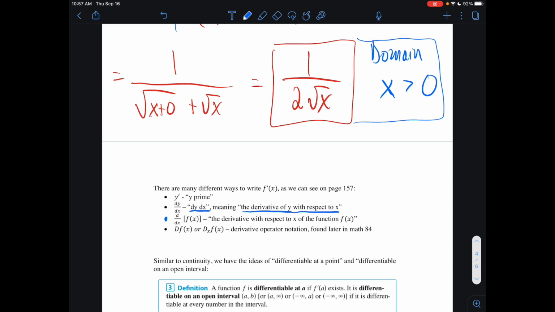And this says the derivative with respect to x, that's what that d dx is saying, of, that's the square bracket, the function f of x. And then finally, these last two are mentioned in your book, but we don't really see those in this class, but you will later on if you take Math 84, using capital D to stand for a derivative operator.